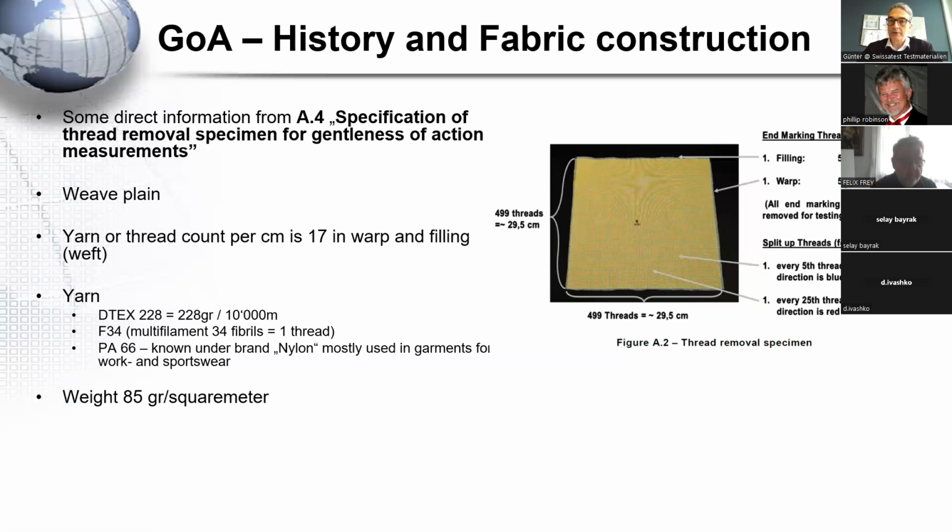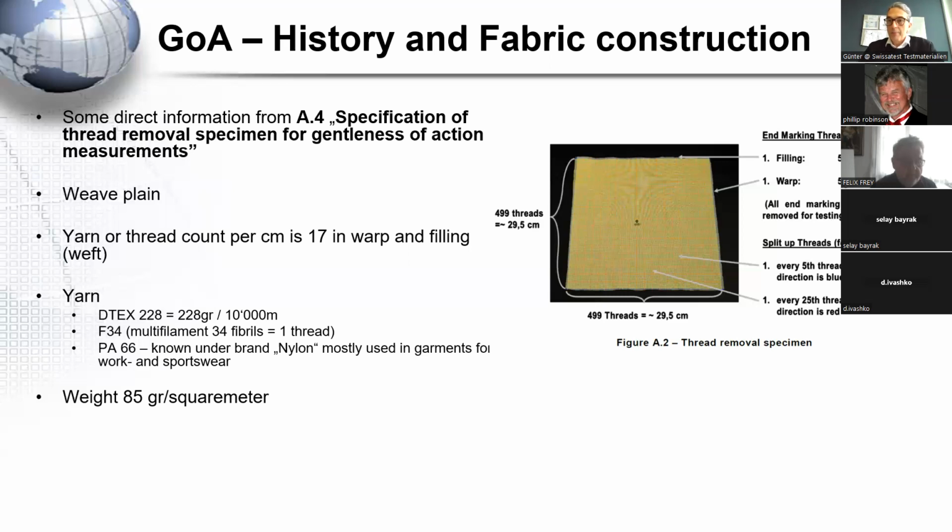This means 10,000 meters are weighing 228 grams for one single filament. This is quite heavy material. Normally you find much lighter materials in the industry. And one thread is made out of 35 single filaments.